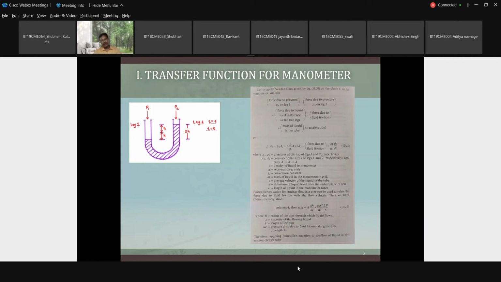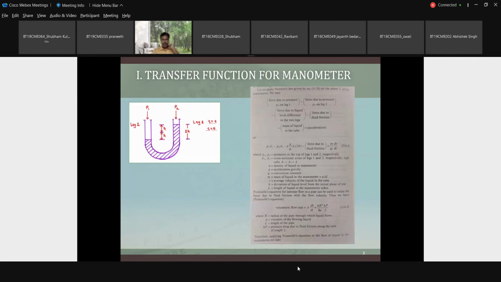What was the input? What was the output? Input is pressure P1, output is height difference. Because of the pressure, the height is changing. Therefore, what is changing it is the input, meaning something changing from the surrounding on the system.